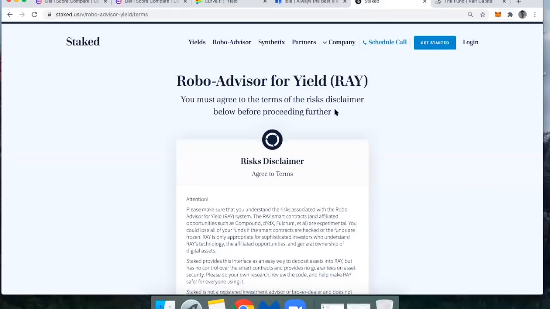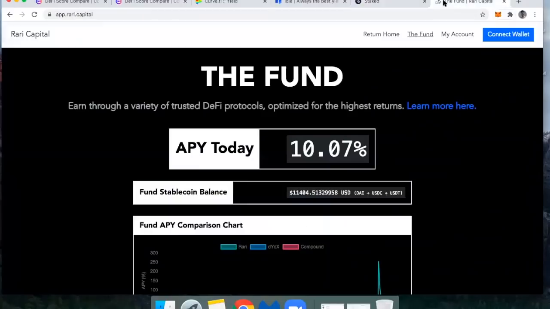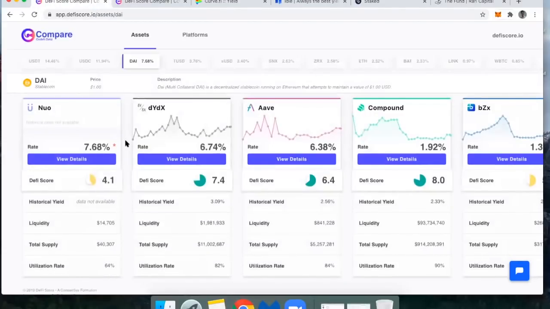There's also staked RAY, which is a robo-advisor for yield. And the newest entrant into this space is RARI Capital. We're going to talk through all of these, but also help to understand where it is that I'm willing to have exposure to my lending assets.